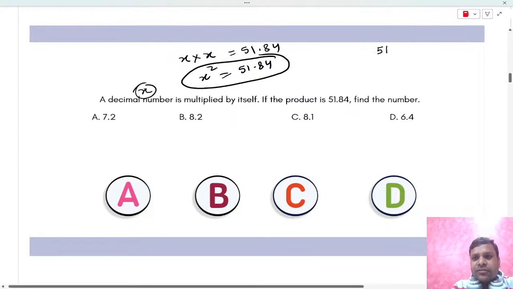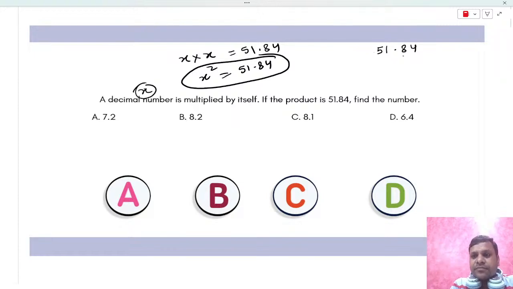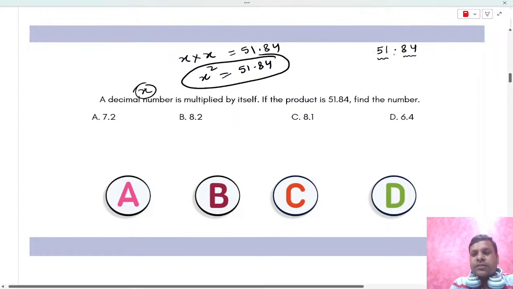First, approximation. For approximation, we just pair the numbers, two digits, two digits. So first pair and second pair. What is the unit digit here? This is 4.